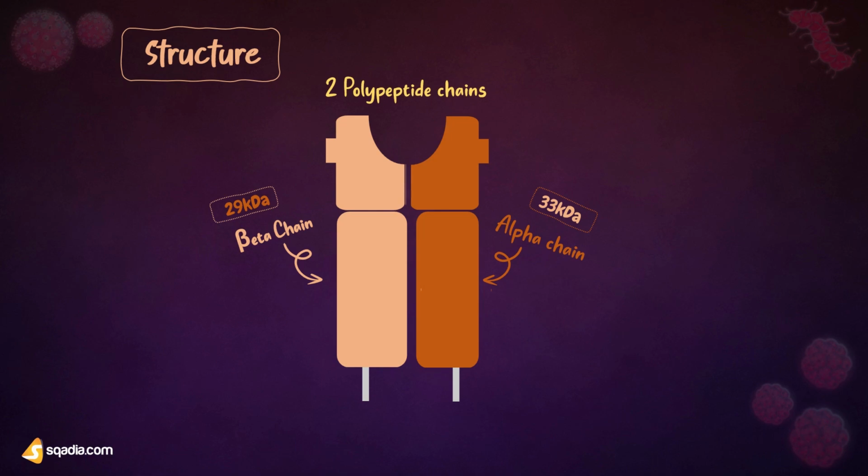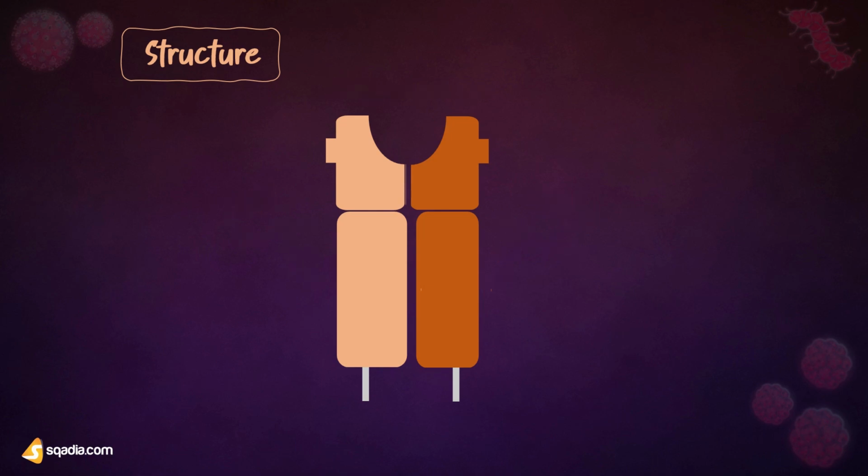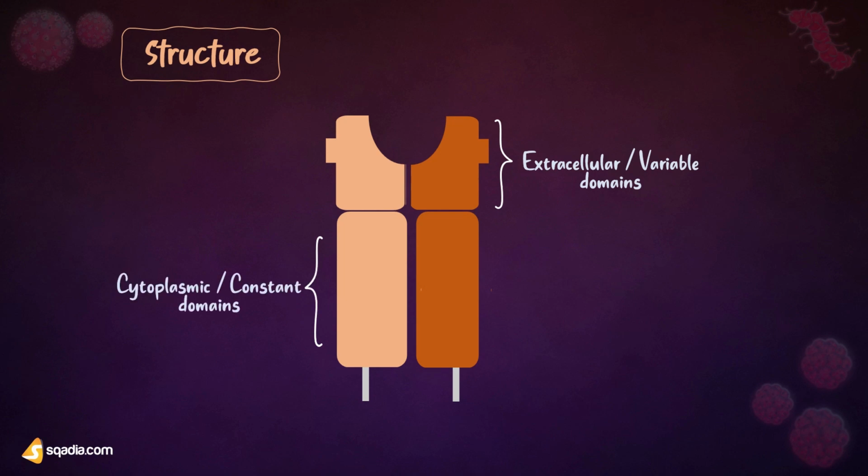Here, each chain has two domains: an extracellular domain, also known as variable domain, which is responsible for peptide binding and presentation, and a cytoplasmic domain, also known as constant domain, which is involved in intracellular signaling.